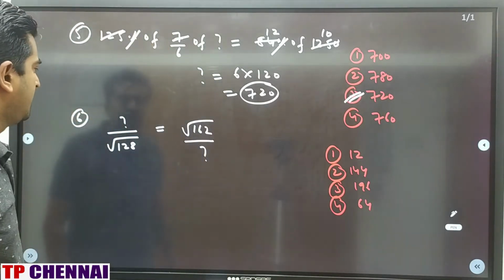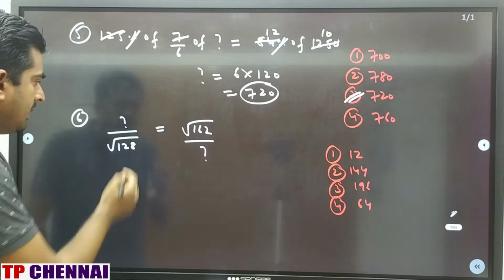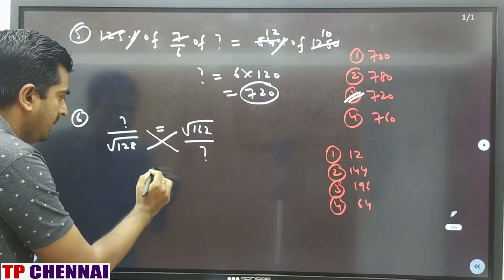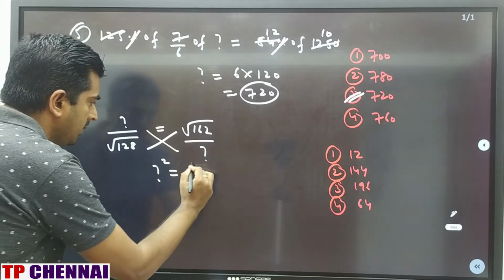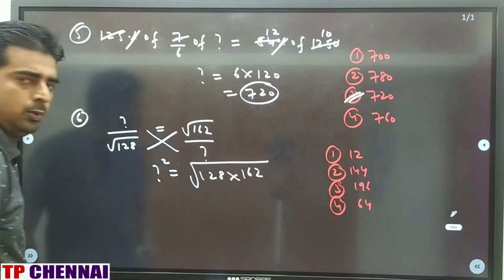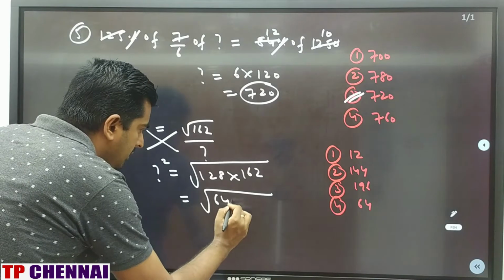Next one, question mark by square root of 128 is equal to square root of 162 divided by question mark. If you do cross multiplication here, this will be question mark square, and this will be the square root of 128 into 162. I kept both in a single square root. This is nothing but 64 into 2.